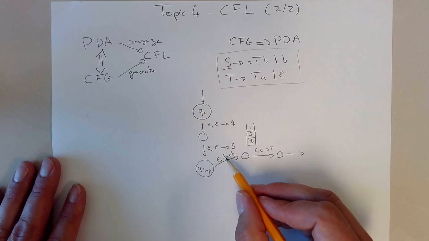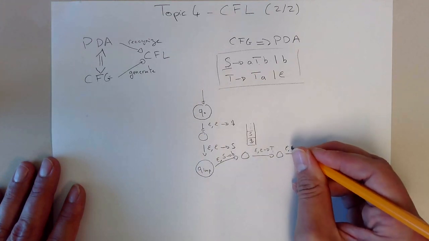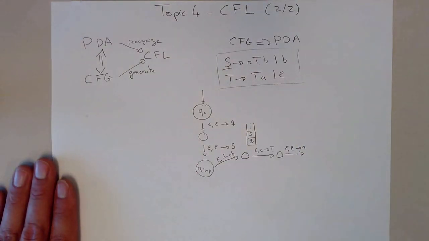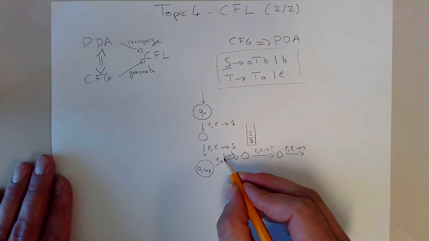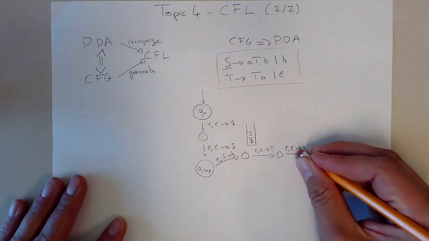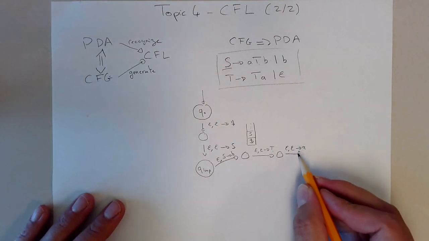So this is substitution: we pop, push, and then push, push. There you go, so ATB. This one is a loop, so it's going to go straight back here.